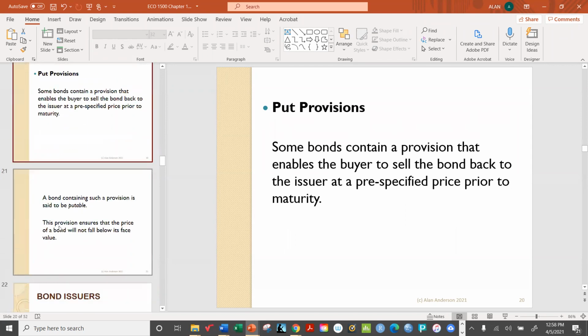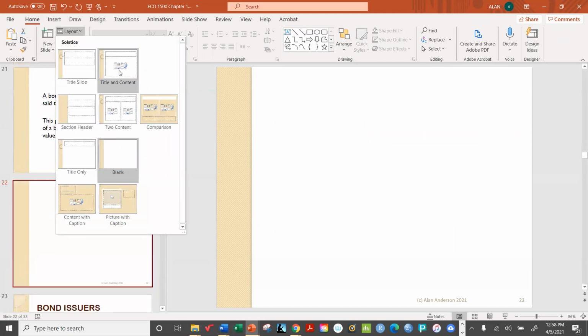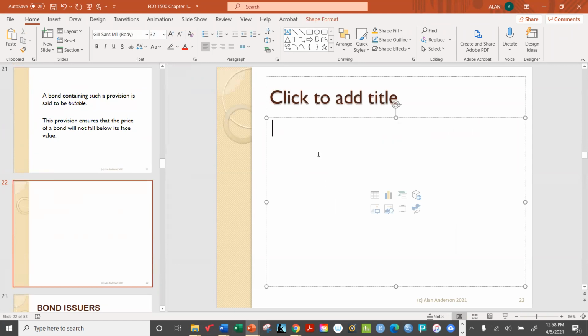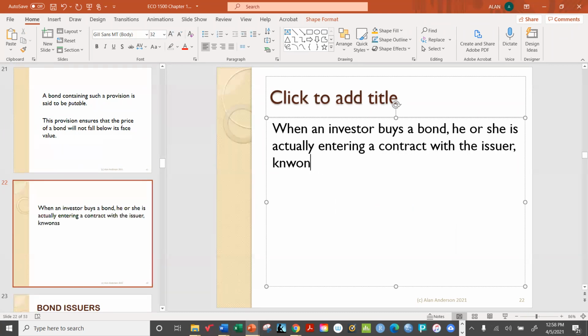In fact, just as a side note, let me throw this in here too. This is kind of important. When an investor buys a bond, he or she is actually entering into a contract with the issuer known as an indenture.